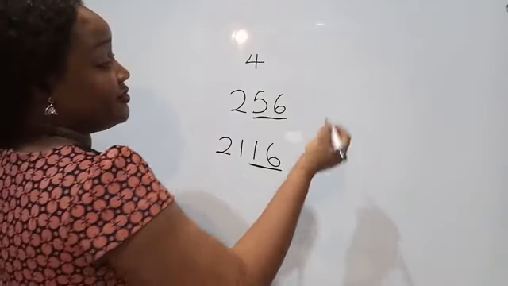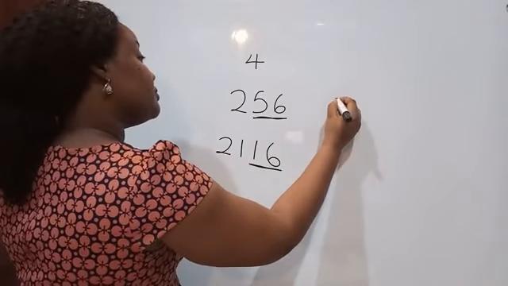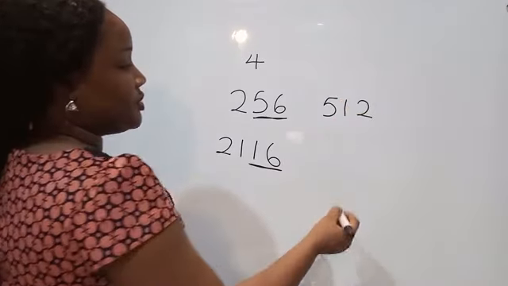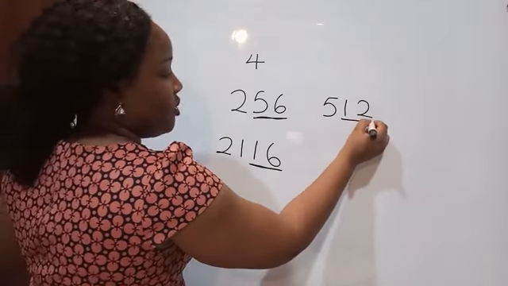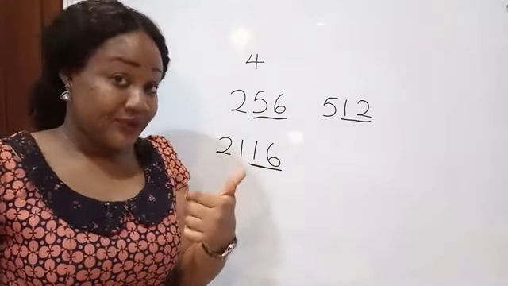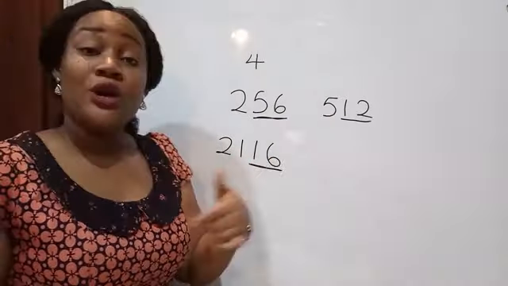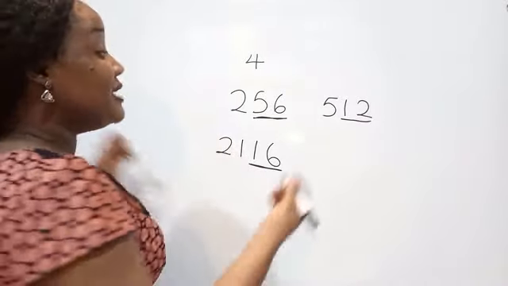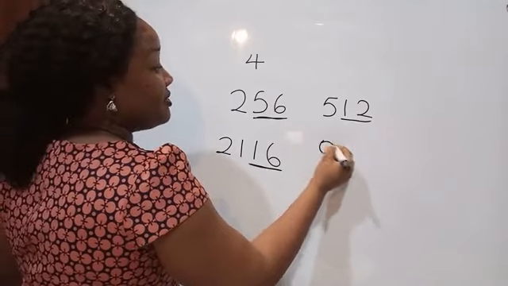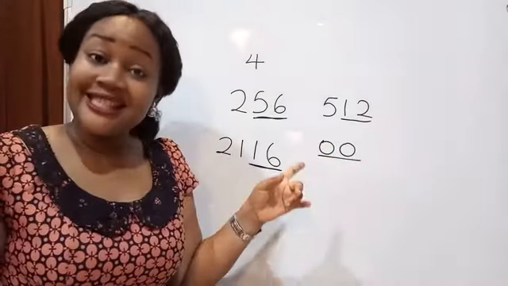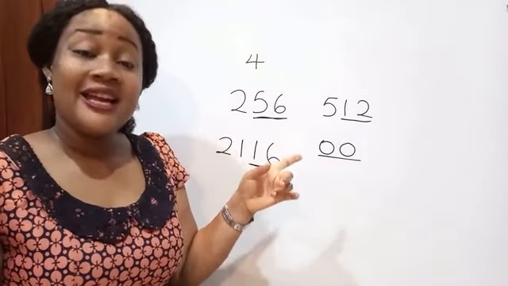Or we can have another number, 512. We look at the last 2 digits, 12. Is 12 divisible by 4? Yes, it is. So it means that 512 is divisible by 4. Even if a number ends with 0, 0, it is divisible by 4.